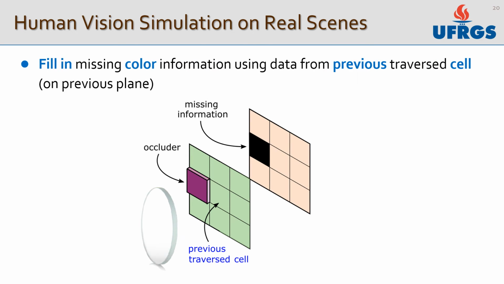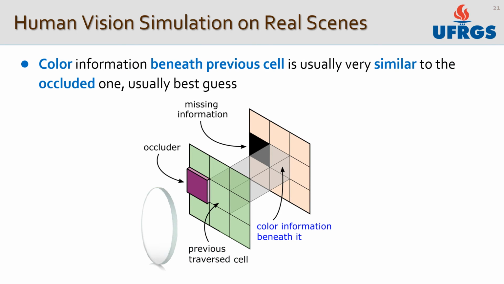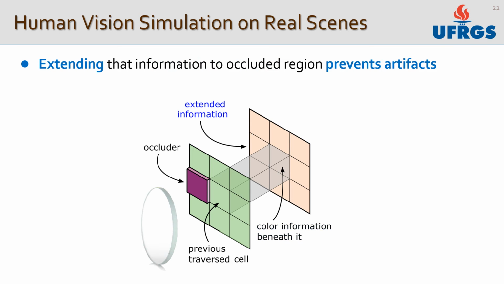The heuristic we use to fill the missing information is to use the color data from the previous traversed cell, that is on the previous plane. The color information beneath this cell is usually very similar to the occluded one, and it is our best guess. We can extend that information to the occluded region and prevent artifacts. This can be done during runtime.